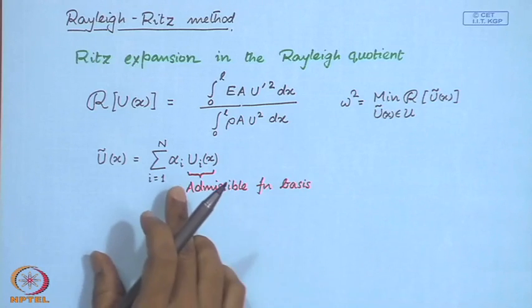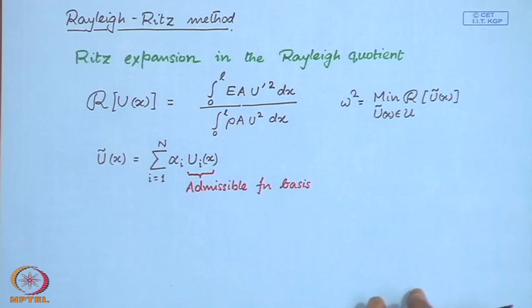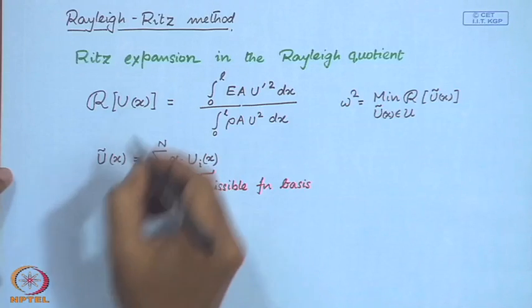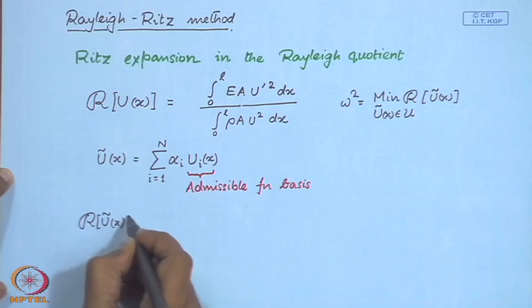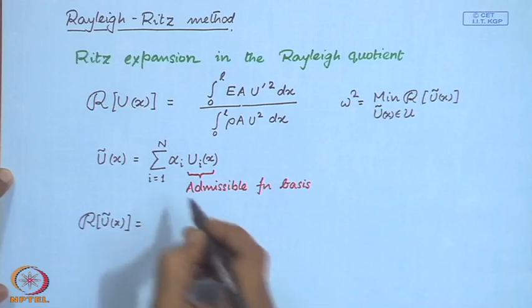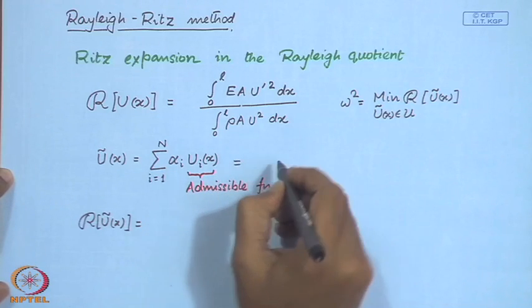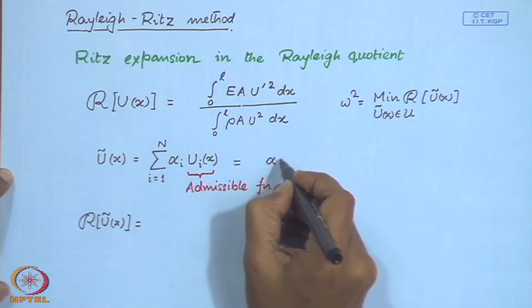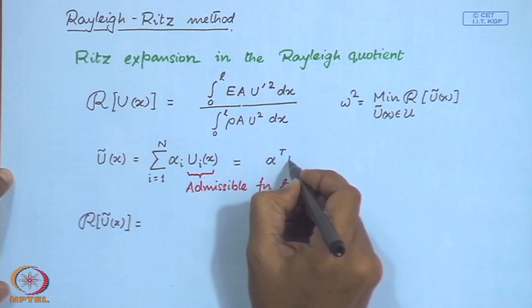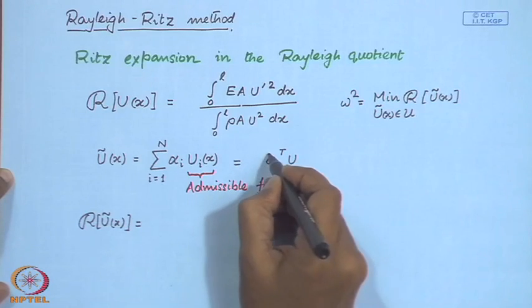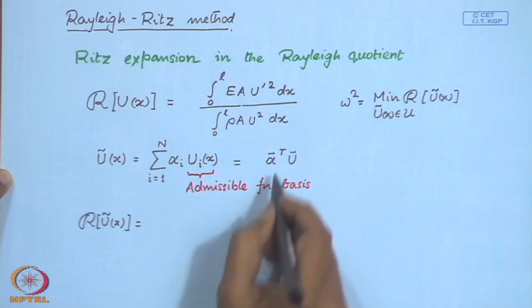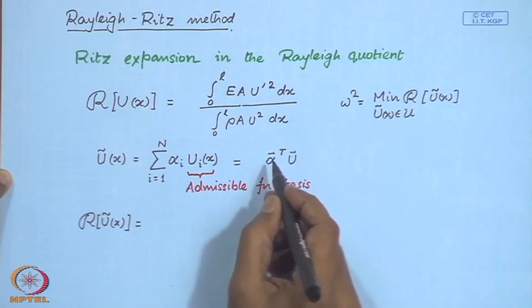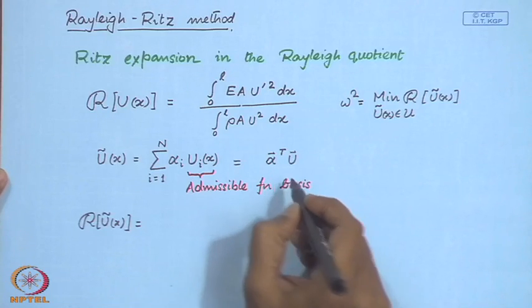Now, when we substitute this kind of an expansion, the Rayleigh quotient can be written as, so this I can write as a vector multiplication. So, alpha is a column vector and u is also a column vector.